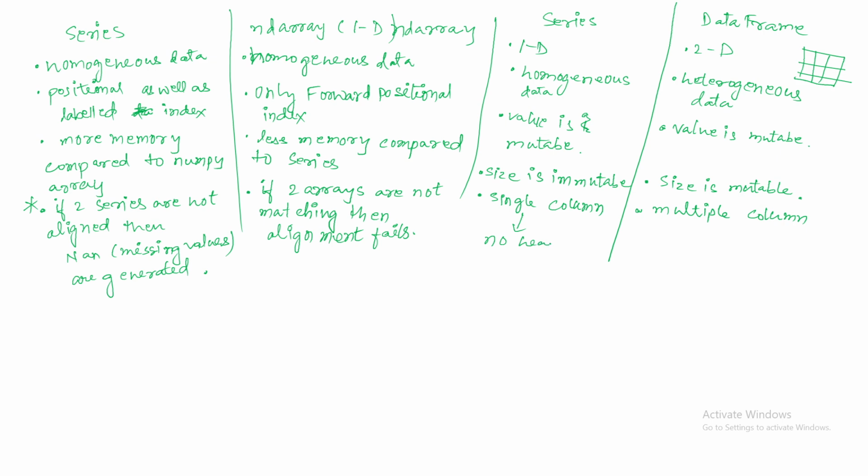No heading. But here multiple columns, so each column has a heading. Clear, children? So series is a single dimension data structure.